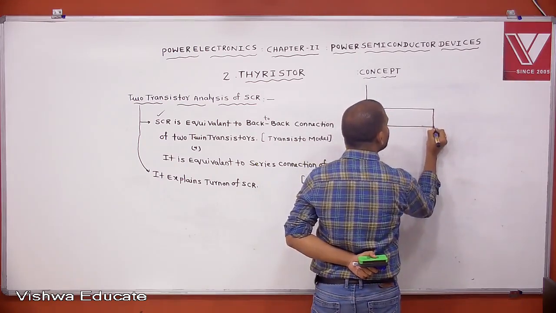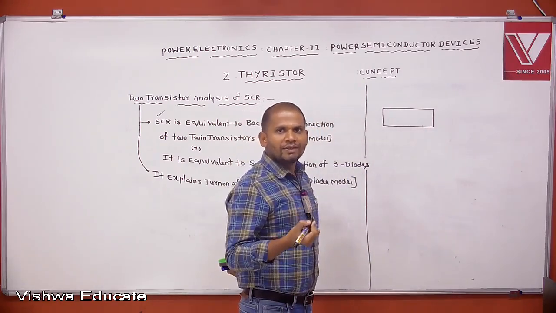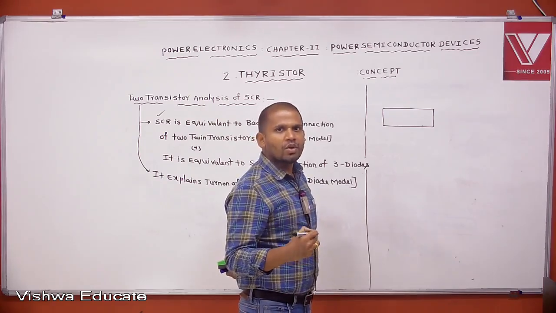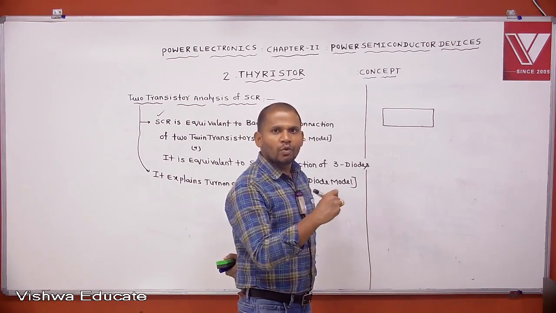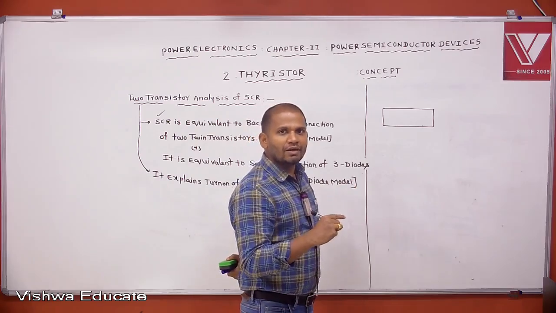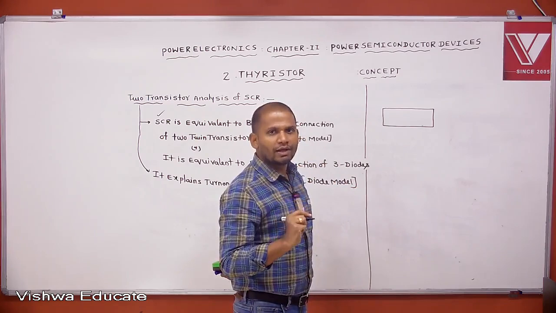Let's assume SCR is under forward blocking mode. Why are we assuming the SCR is under forward blocking mode? Because here we want to explain the turn on. What do you mean by turn on of SCR? Bringing the SCR from the forward blocking mode to forward conduction mode.